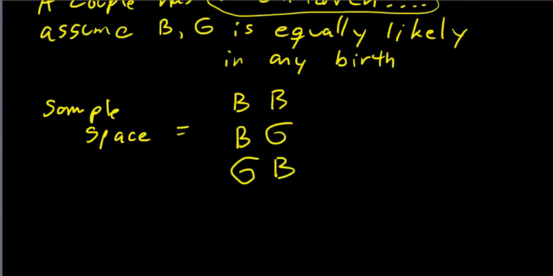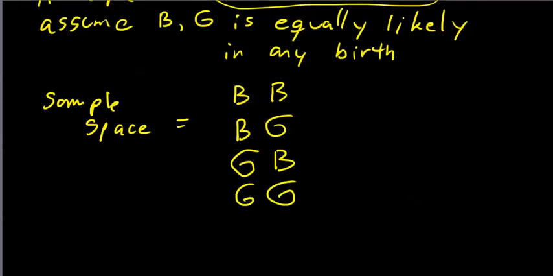And then finally, the first one could be a girl and the second one could be a girl. So these are a list of all the possible simple outcomes for the births of 2 children regarding gender. Boy, boy, boy, girl, girl, boy, girl, girl.